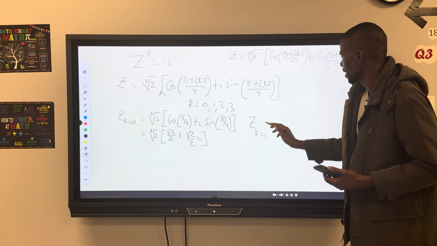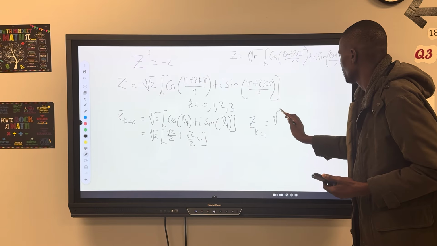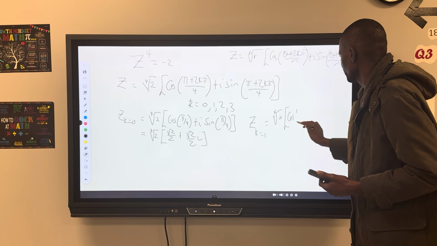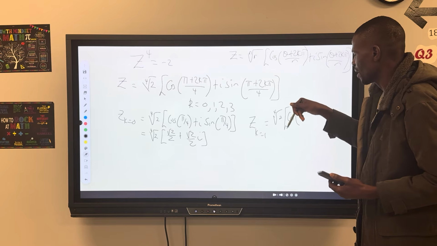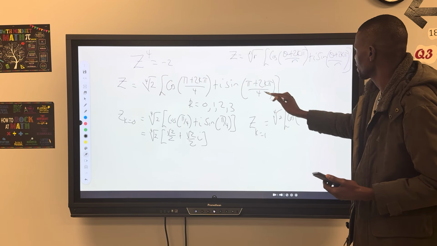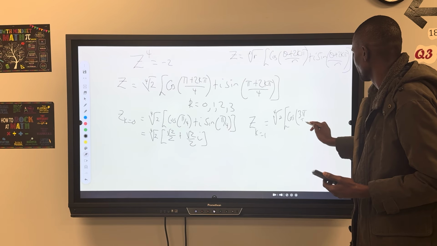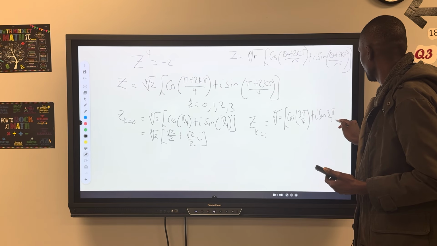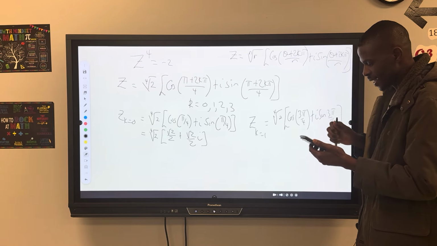So when k is 1, it's going to be 4th root of 2, then cos of pi over 4 plus that, so it's 3 pi over 4, plus i sine 3 pi over 4, right?